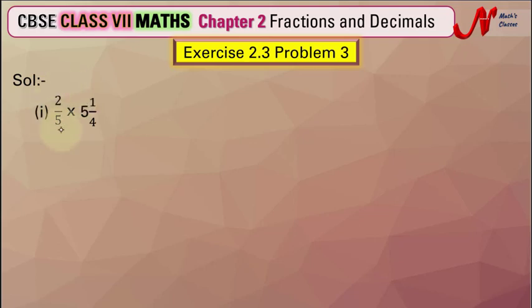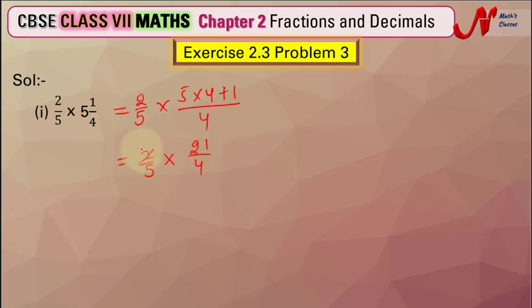Now we solve the first bit of the problem 3. Here given 2 by 5 into 5 1 by 4, which can be written as 2 by 5 into 5 into 4 plus 1 divided by 4, which is equal to 2 by 5 into 5 4s are 20 plus 1 is 21 by 4.